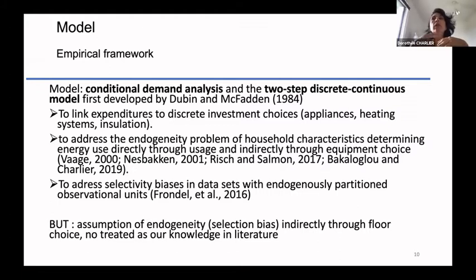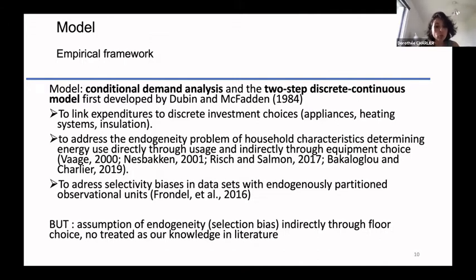When I decide to live in a dwelling, before consuming energy, I choose a level, a floor, and after that, I choose an equipment. According to my previous choices, I decide how much energy to consume.